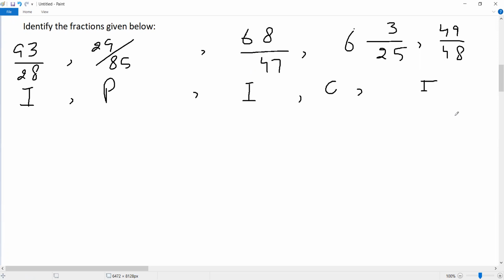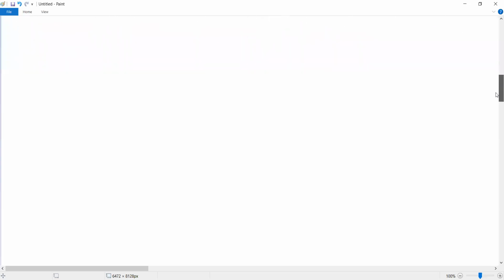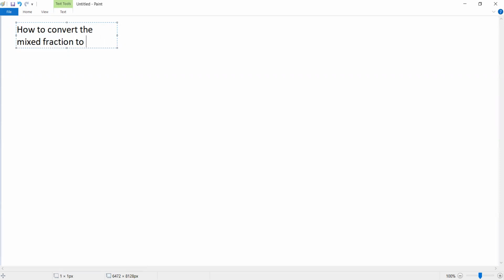So now we will learn how to convert compound fraction to improper fraction. Our next topic is how to convert mixed fraction to improper.